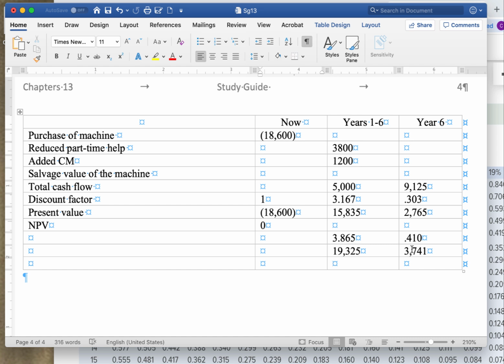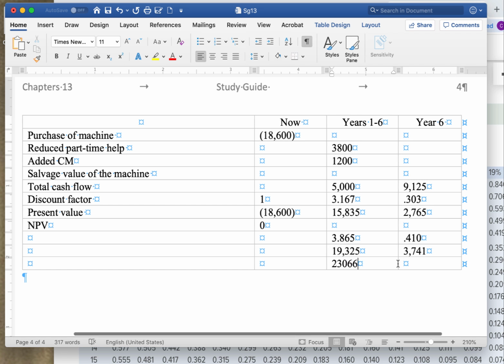So when I add these up, 3,741 plus 19,325 gives me 23,066. So that's the present value of the cash flows.